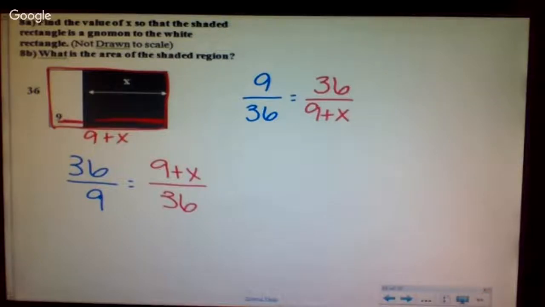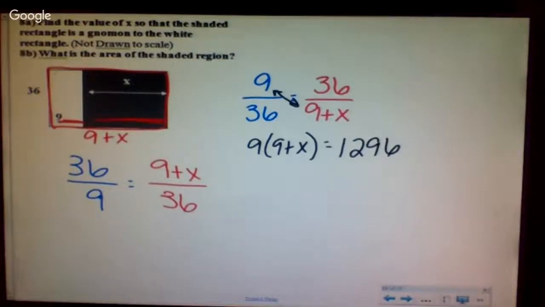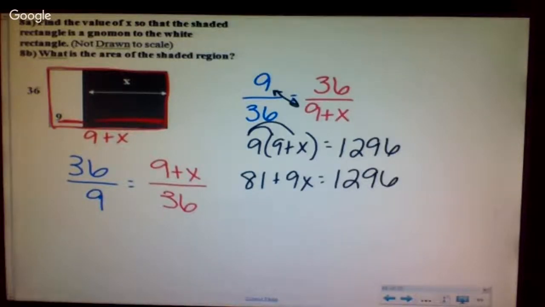Either way, both give you the same exact answer when you cross multiply. So we cross multiply. This should become 9 times 9 plus X equals 36 times 36, which is 1,296. Distribute your 9 through if you have not done so already. So 81 plus 9x equals 1,296.